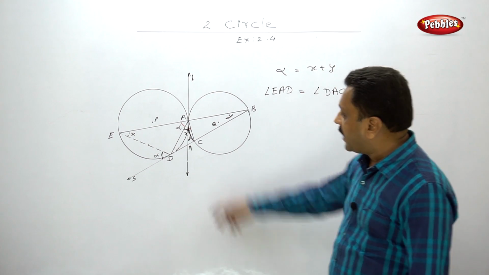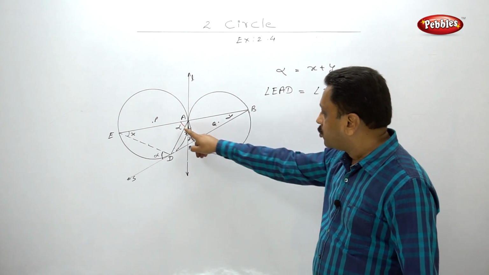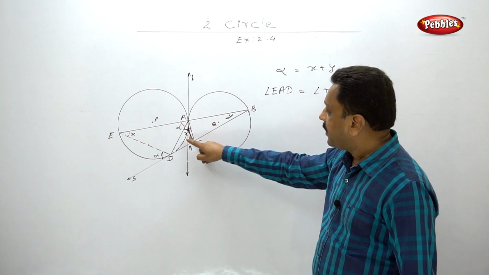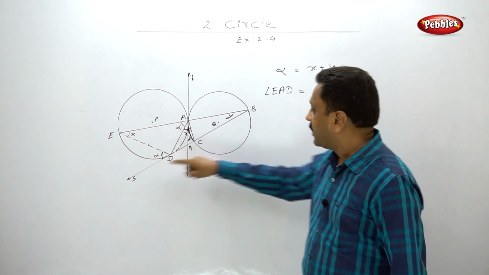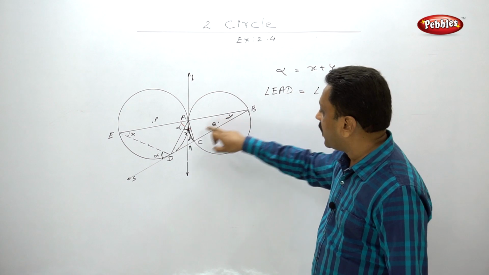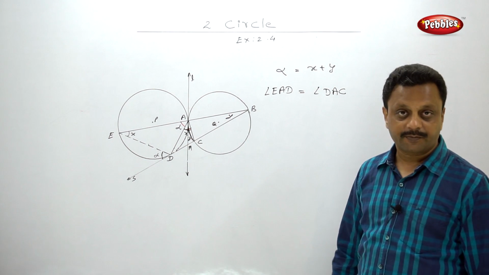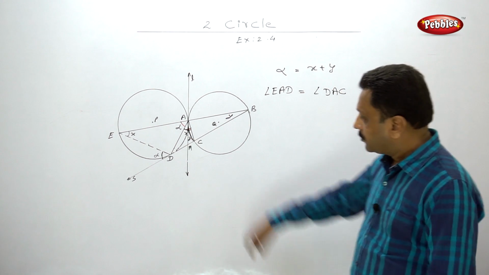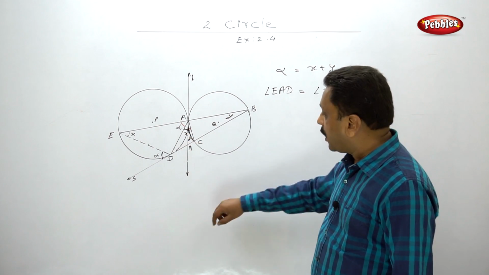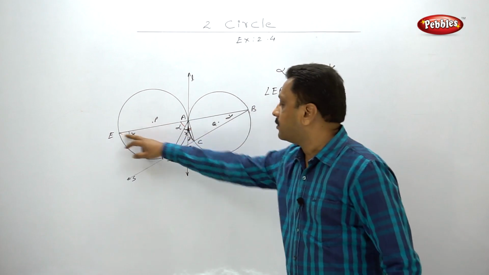Next I took this as a tangent, so this smaller angle x is equal to x, and for this circle this y is equal to this y. Correct?